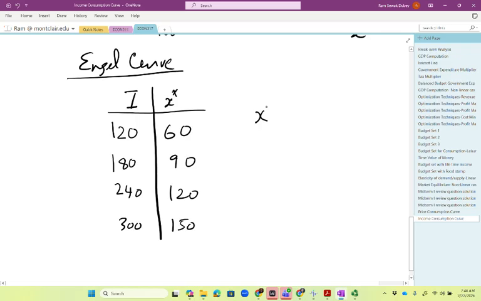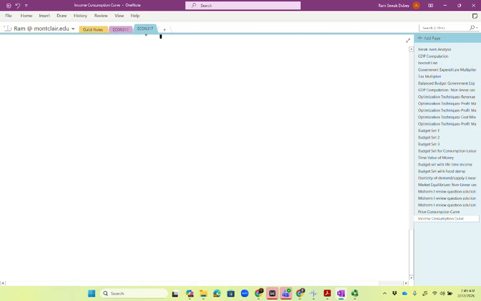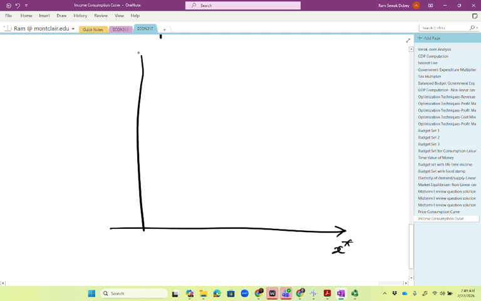You can recall X star was given as I over 2, or since I'm going to plot a graph for income as a function of X star, I can write it as 2X star. And this is what I'm going to plot as the Engel curve. I will have income on the vertical axis, X star on the horizontal axis, and then you can see a straight line with slope equal to 2.